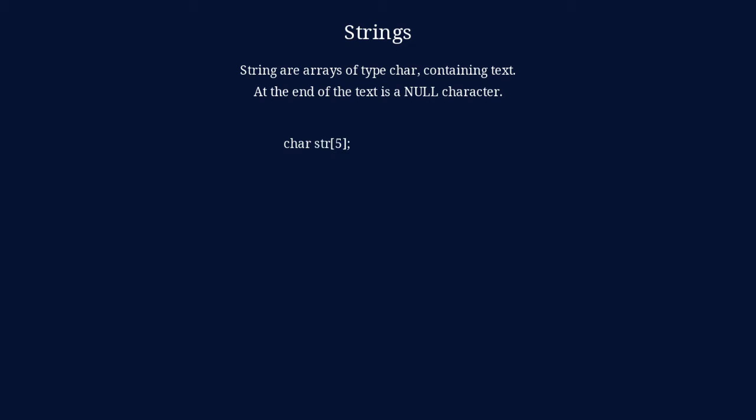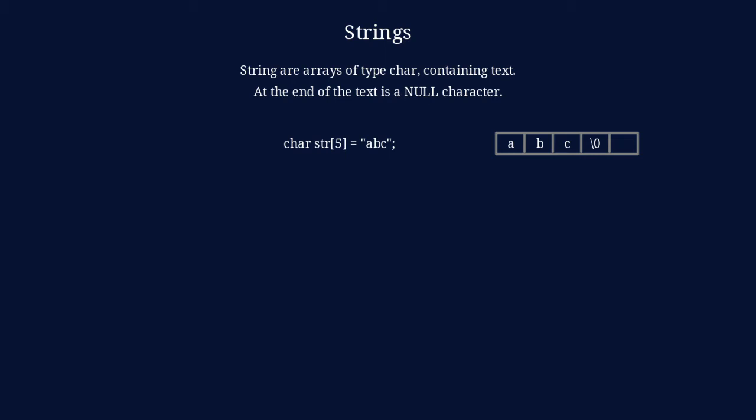It's going to create an array of 5 bytes, because a char data type is 1 byte. And actually what I could do is initialize this to ABC, and so it's going to have the value ABC and then that null character, and then an extra byte there that I'm not actually using.